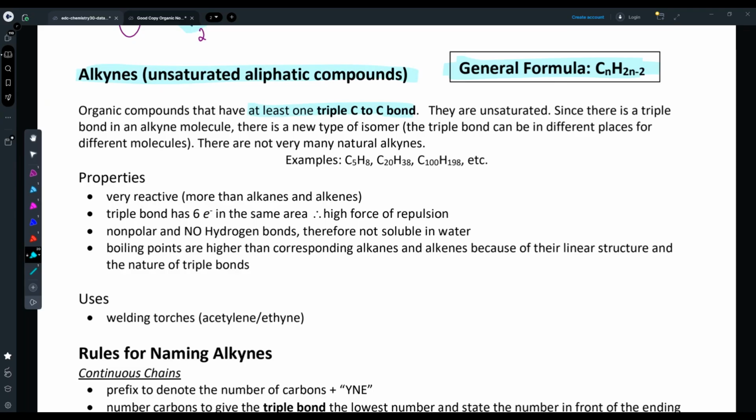Boiling points are going to be higher than corresponding alkanes and alkenes because of their linear structure and nature of triple bonds.